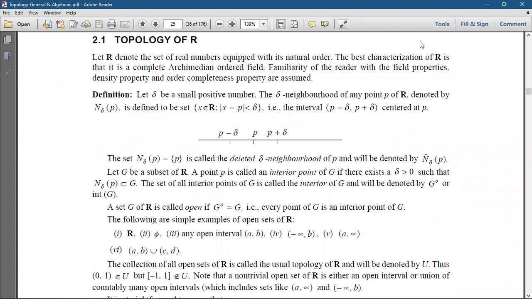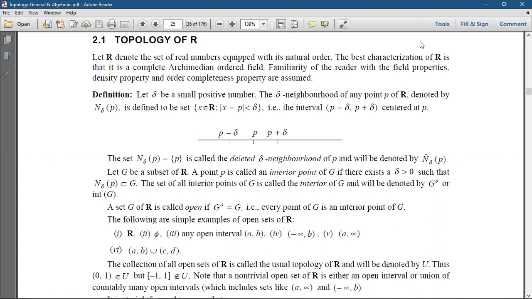Neighborhood is nothing but the area covered around a point with a small positive value delta. That means P varies from P minus delta to P plus delta.